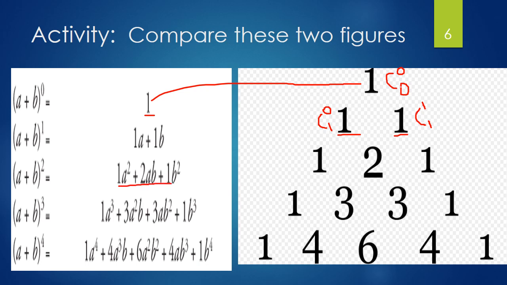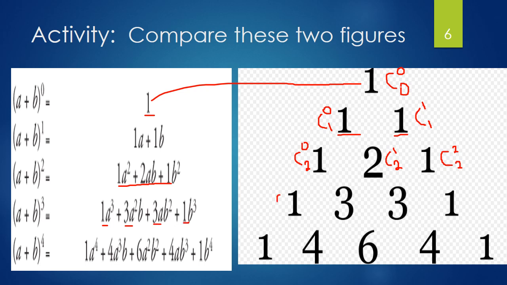(a plus b) power 2 equals a squared plus 2ab plus b squared. Here the coefficients are 1, 2, 1, where 1 represents C(2,0), this 2 represents C(2,1), and this 1 represents C(2,2). Also, (a plus b) power 3 equals 1a cubed plus 3a squared b plus 3ab squared plus 1b cubed.